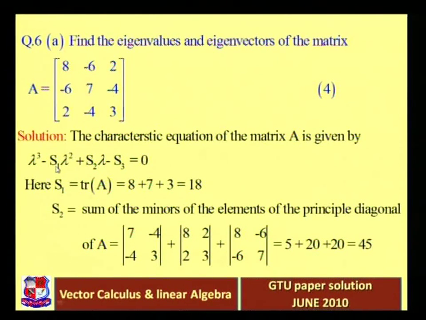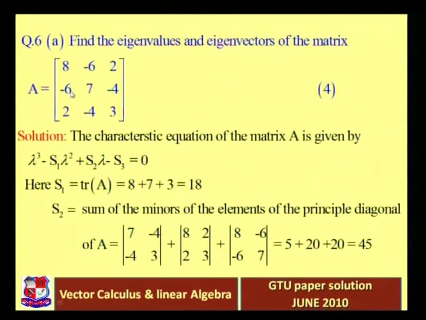Here is the solution. The characteristic equation of the matrix A is given by, to find the characteristic equation, there are two methods. One is that you all know the determinant of A minus lambda I, so in the main diagonal entries we have to add minus lambda and then solve this determinant.